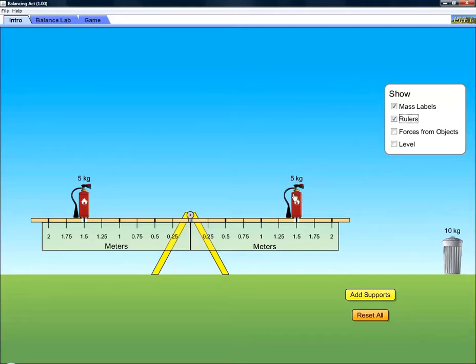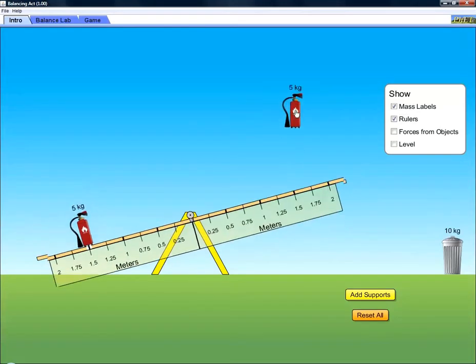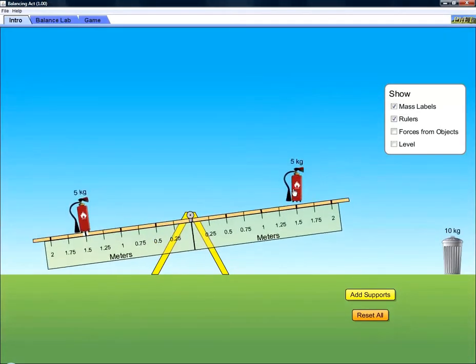We have 5 kilograms here, so therefore 5 times 10 is 50 newtons. The force of this fat fire extinguisher child is 50 newtons, and it's in that direction.